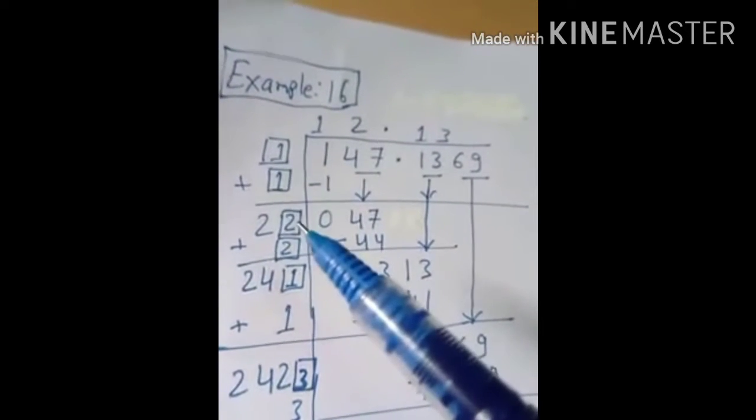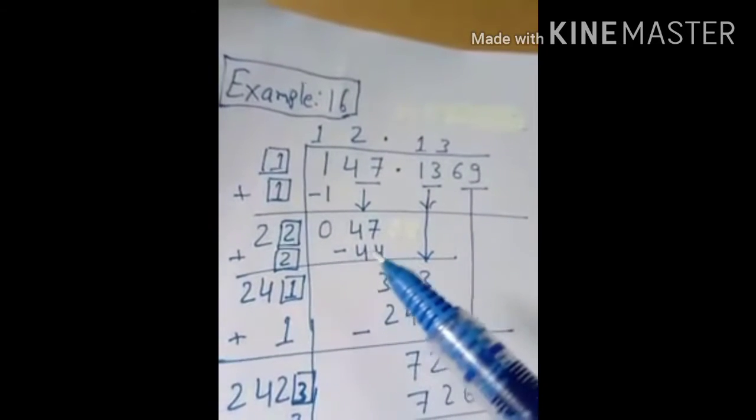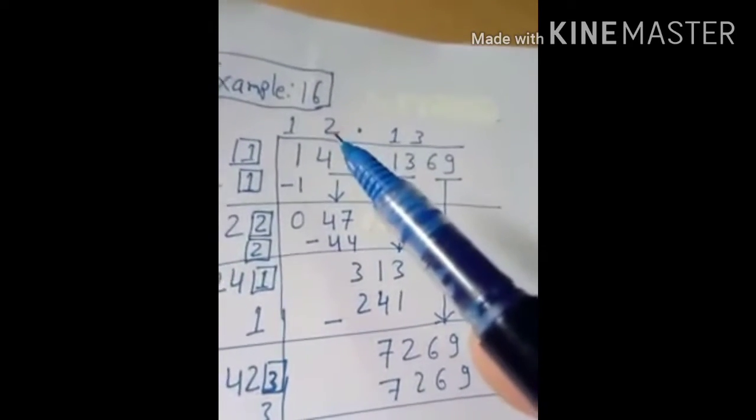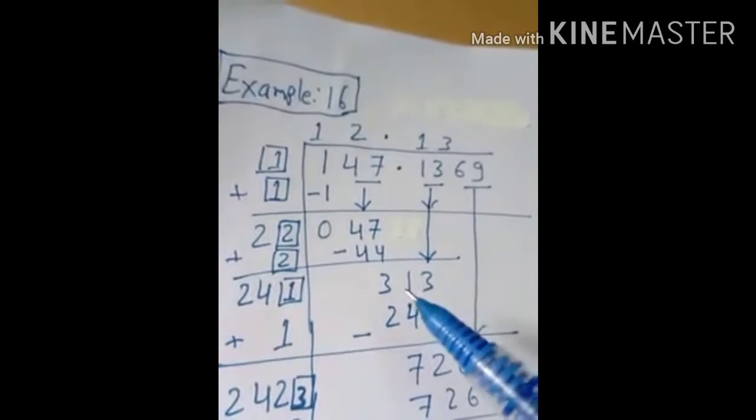If we write 1, it becomes 21 into 1, 21. Now we put 2, and 22 into 2 is 44. So this is the correct answer. 47 minus 44 is correct. So our next answer is 2. 47 minus 44 is 3.